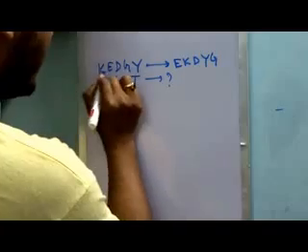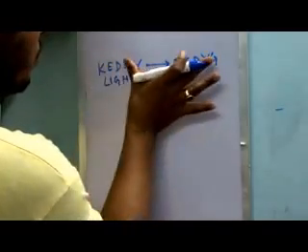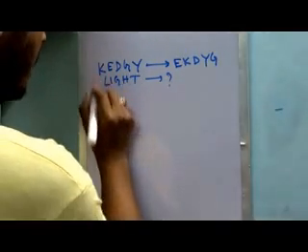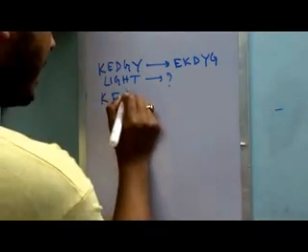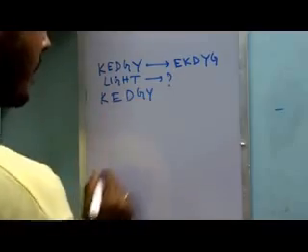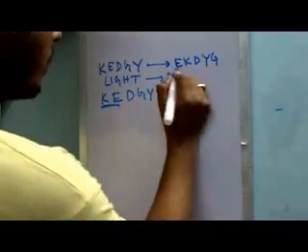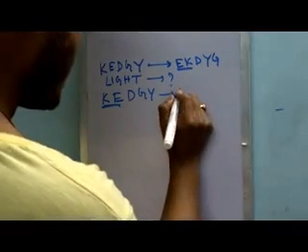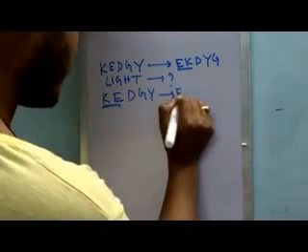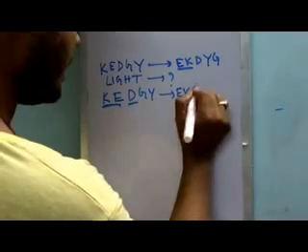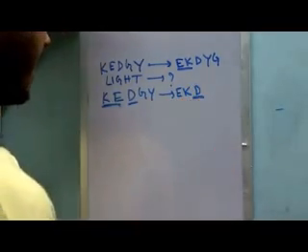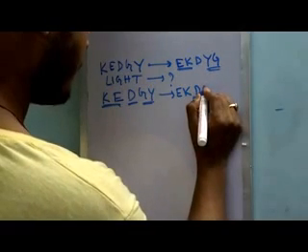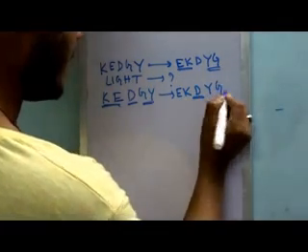So let's observe the first portion and unfold it. K E D G Y. What is the relation between these two? Position reversed. Now this D is kept intact here, and G Y similarly becomes Y G, that is, position reversed.